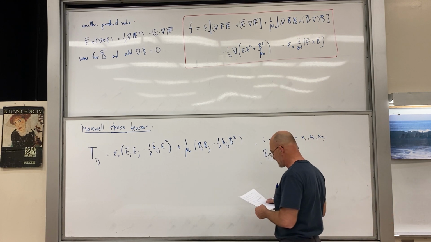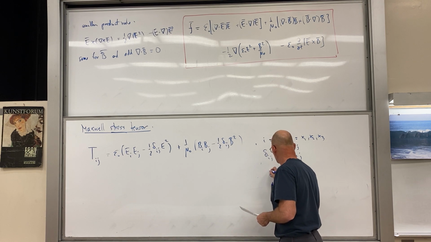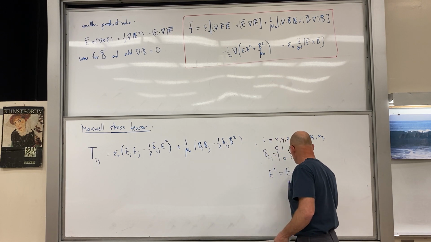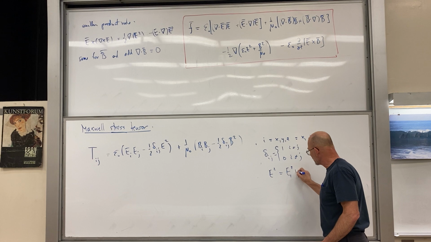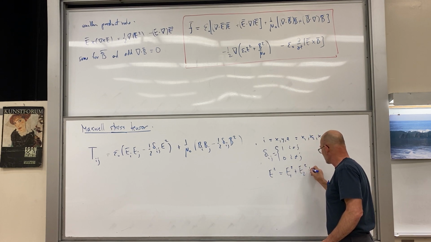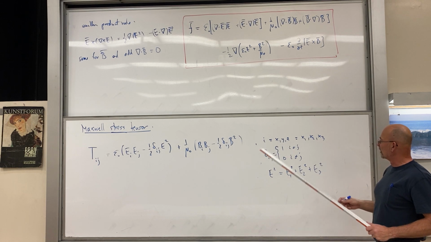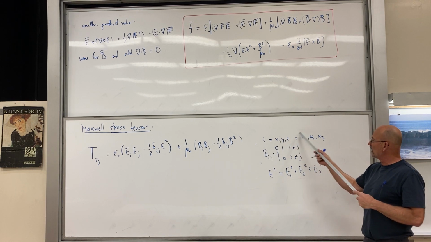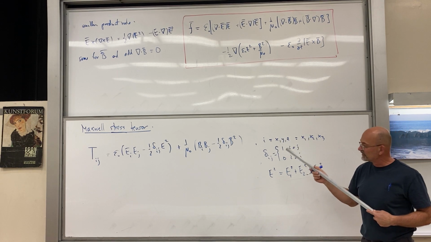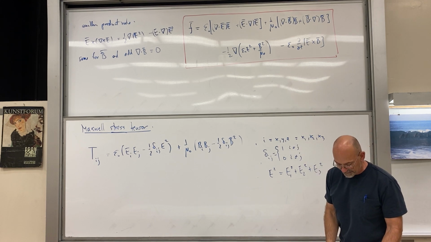And the E squared and B squared, we mean E_x squared, or E1 squared plus E2 squared plus E3 squared. Same for B. So we just go between x, y, z and x1, x2, x3 as we find it convenient.